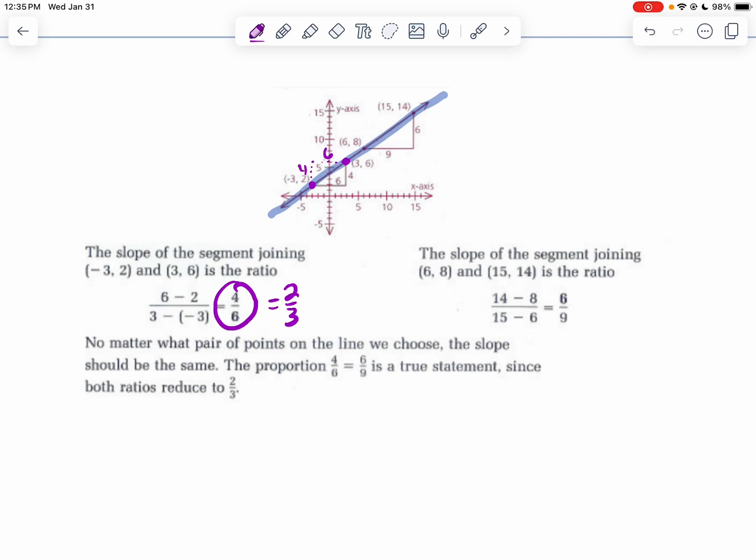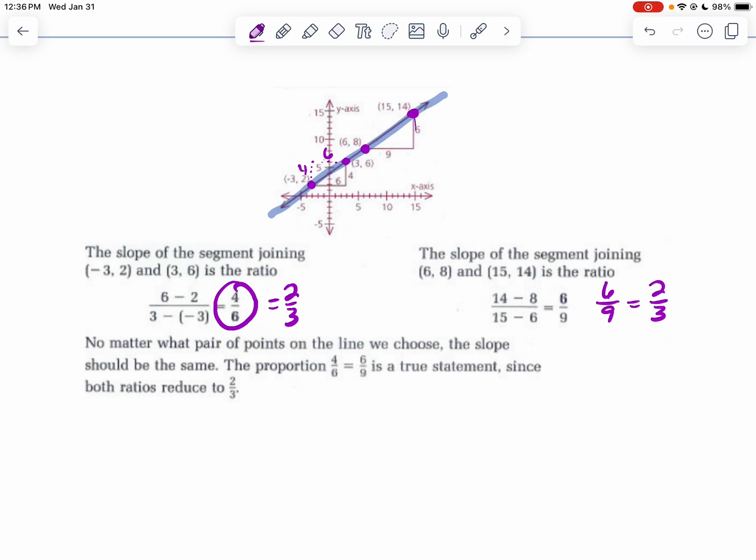Okay, if we look from the ordered pair (6, 8) to (15, 14), we can see it right here. We went up 6 and over 9. So that's going to be the ratio 6/9, which again becomes 2/3. If we went all the way from (-3, 2) up to (15, 14), it's going to be the same thing.